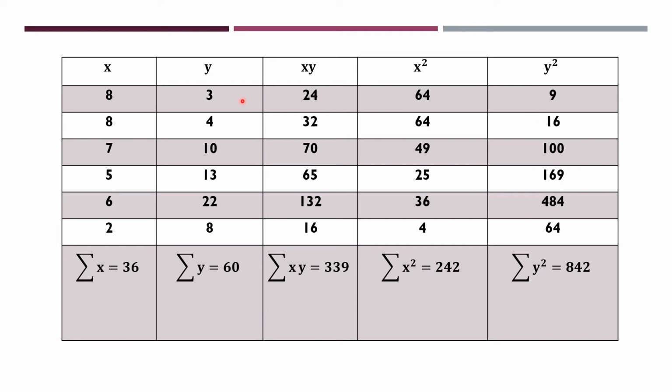Similarly, calculating y square: 3 square is 9, 4 square is 16, 10 square is 100, 13 square is 169, 22 square is 484, 8 square is 64. Adding all these columns and calculating these summations: 339 summation xy, summation x square is 242, summation y square is 842 and summation x and y are 36 and 60. Substituting everything in the same formula.